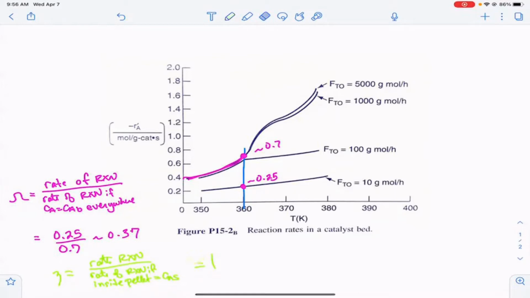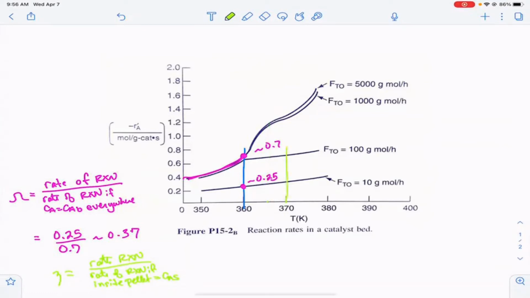Now, because that's the case, let's pick a location where maybe that's not true. So let's move a little bit positive of that, and let's say at like 365. So let me see if I'm capable of drawing a straight line here. Maybe 365 is not exactly the right place, because that's in the mixed control region.